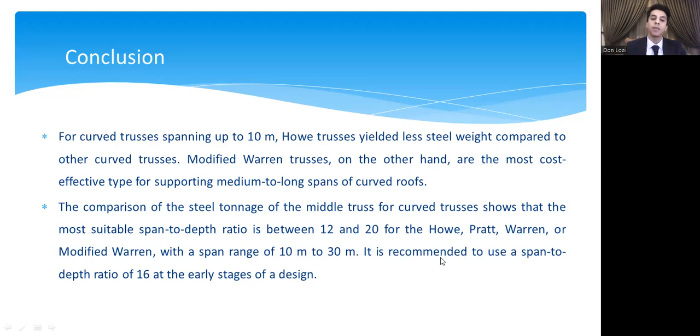The comparison of the steel tonnage of the middle truss for curved trusses shows that the most suitable span to depth ratio is between 10, 12, and 20 for the Howe, Pratt, Warren, or modified Warren, with a span range of 10 meters to 30 meters. And it is recommended in the early stages to keep the span to depth ratio at 16.